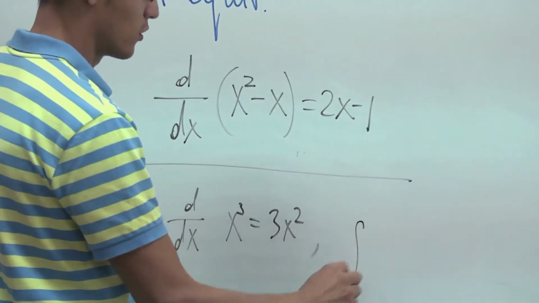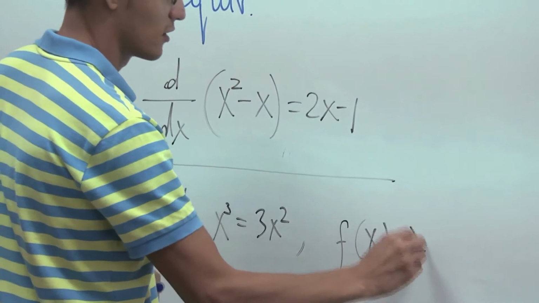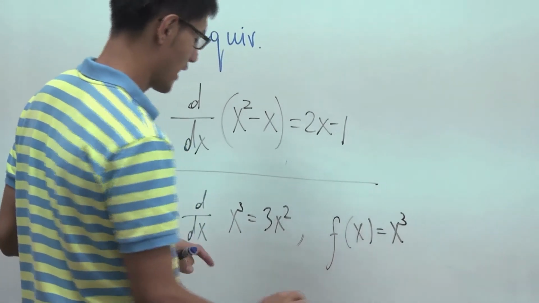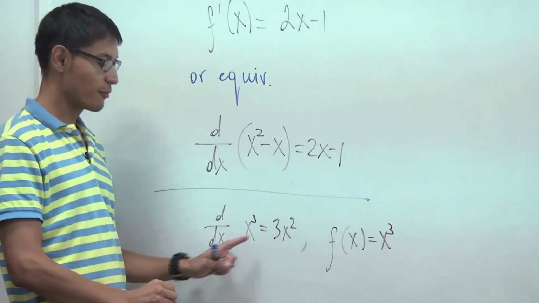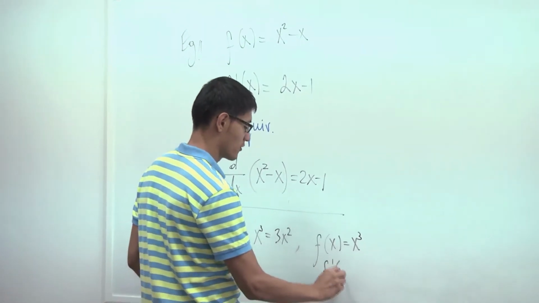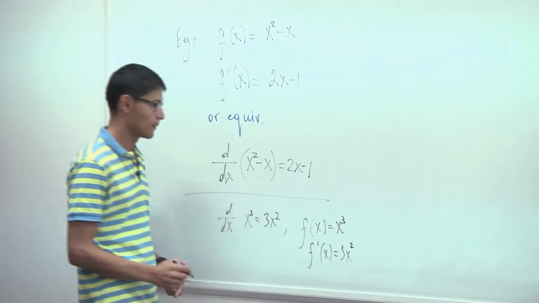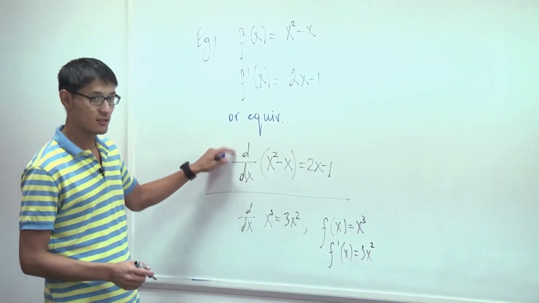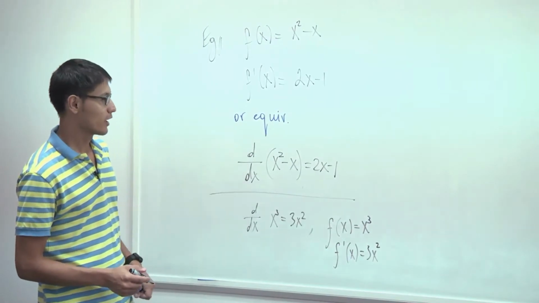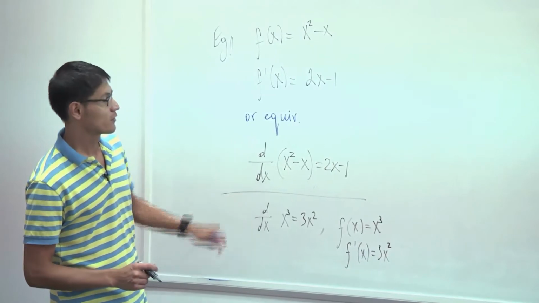Or if you use this notation, then if our function f of x equals x cubed, then this tells us that f prime will be equal to 3x squared. F prime, the derivative, equals 3x squared. The notation d dx is very convenient shorthand for writing derivatives. So this is the one that we're going to use most of the time.